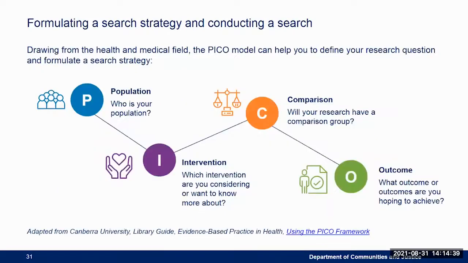And the second is using the PICO model, which is from the health and medical field. This model is very similar to the previous one, except you're looking at population. So who is your population? Intervention, which intervention are you considering or want to know more about? Comparison, and outcome. So what outcome or outcomes are you hoping to achieve?